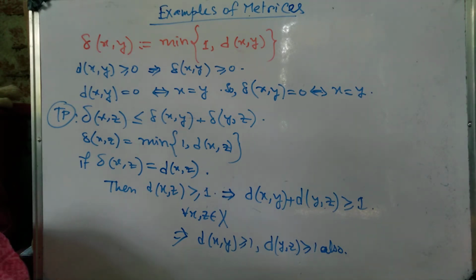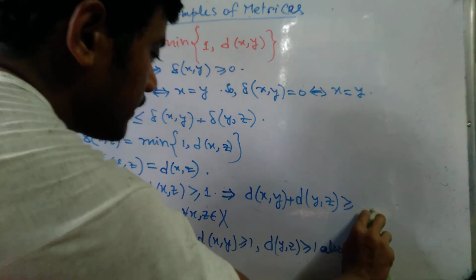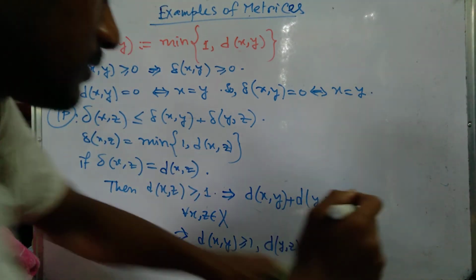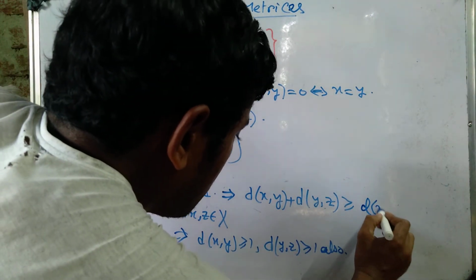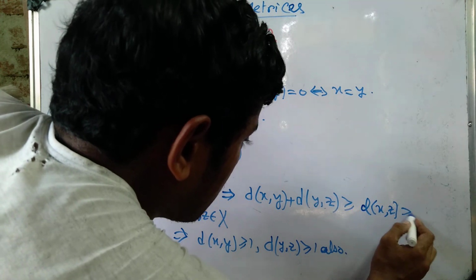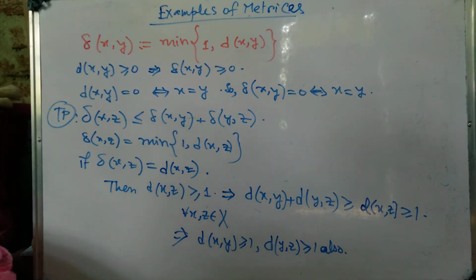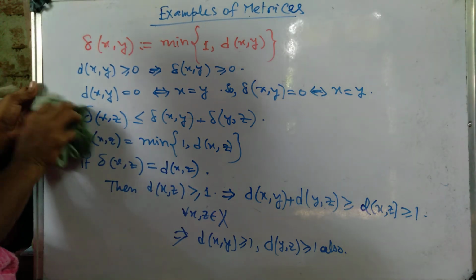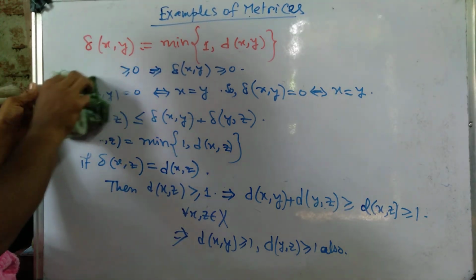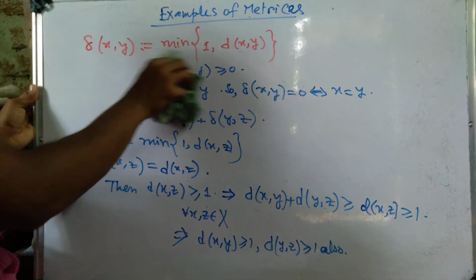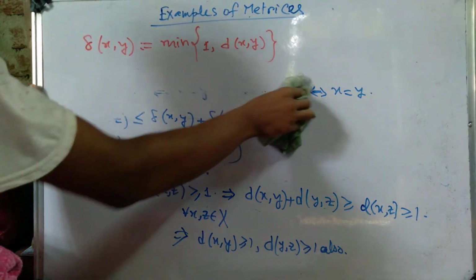Okay, so here we write again in this way. dxz is greater than or equal to 1. So the triangle inequality follows. So delta is a metric and delta is a metric space.